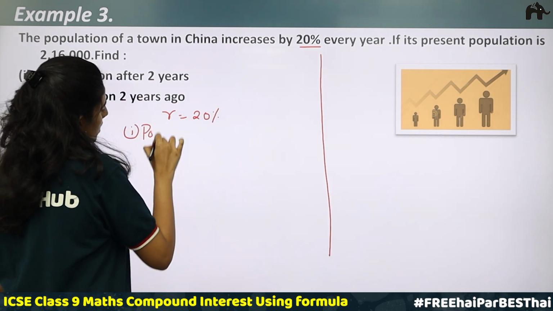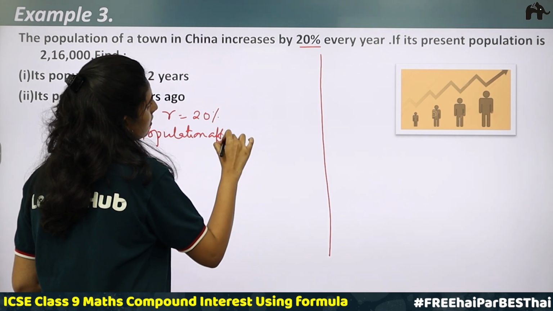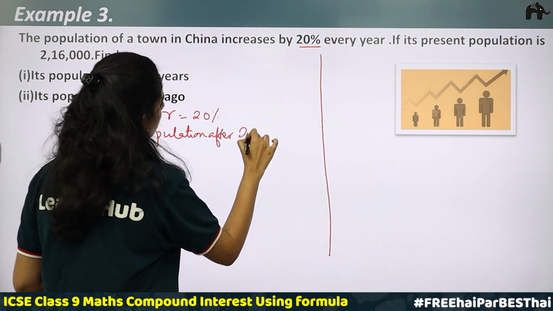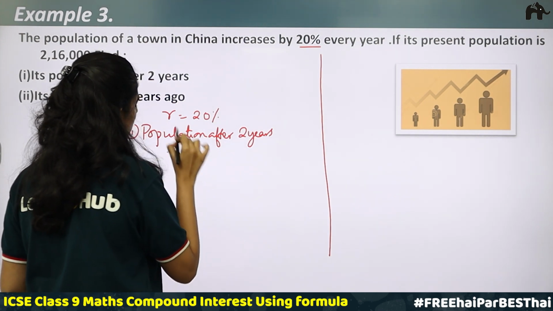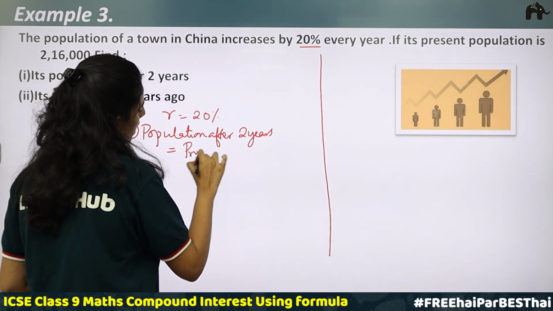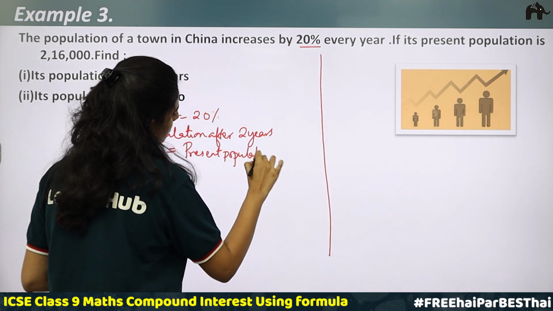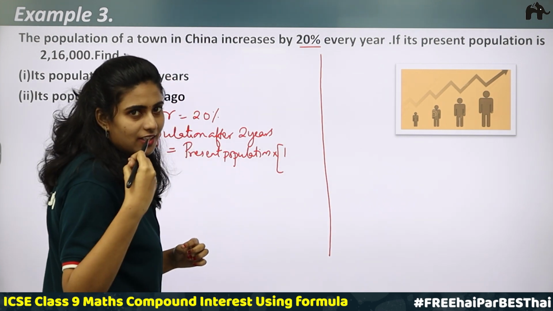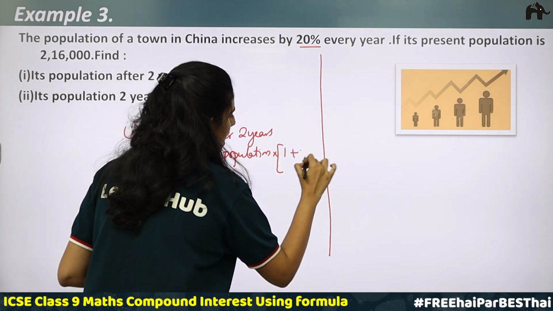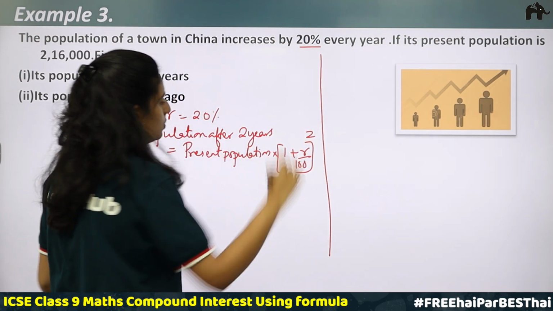So population after 2 years, or population after n years, is equal to present population into 1 plus r by 100 whole raised to n. Here the n value is 2.